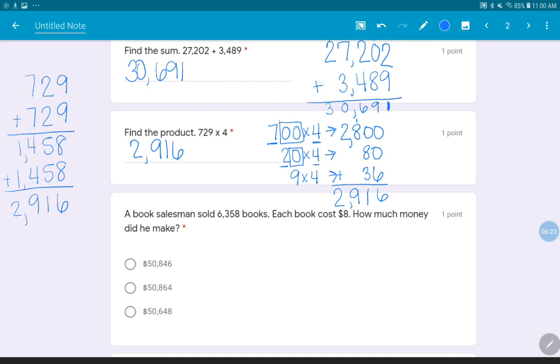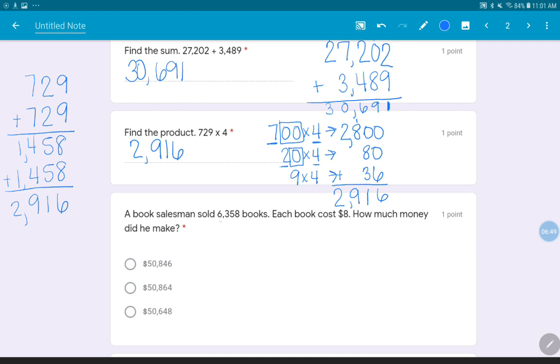All right, the next question says a book salesman sold 6,358 books. Each book cost $8. How much money did he make? Cash, how did you solve that one? I did 8 times 6,358.